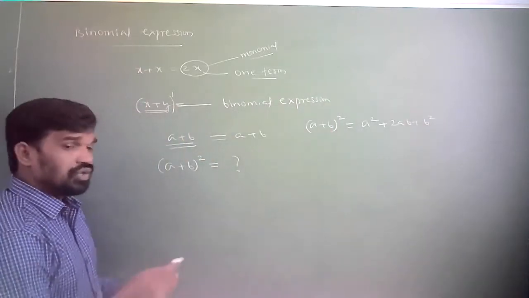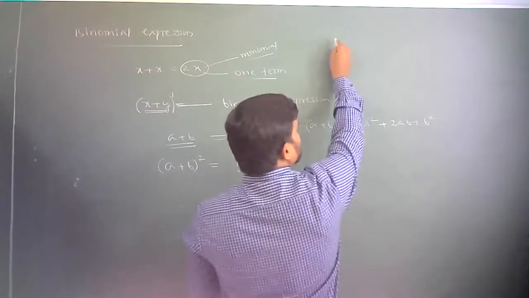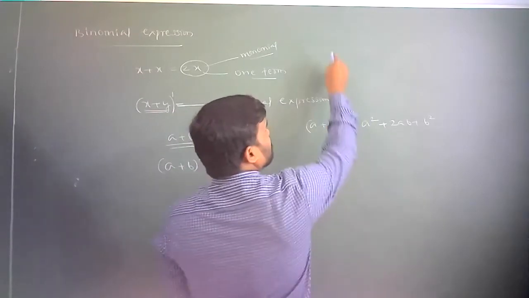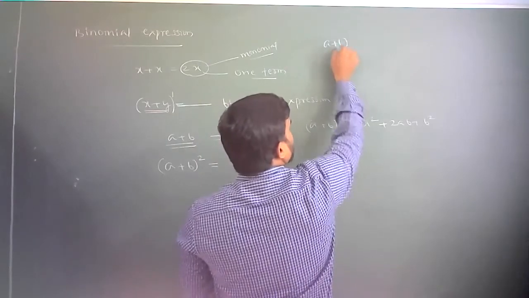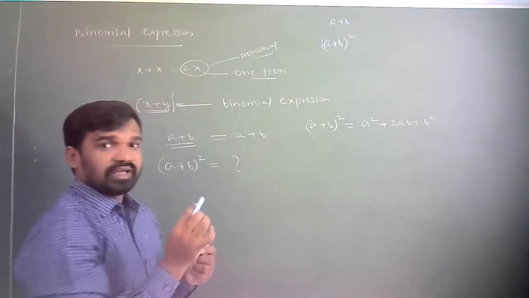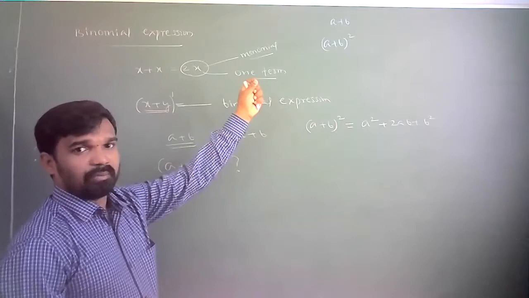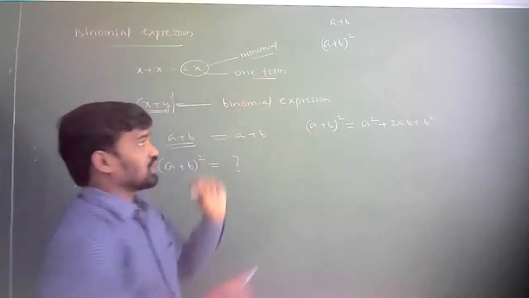Of course, you can use Pascal's triangle method. According to Pascal's triangle, the coefficients of the expansion of a plus b whole square: first, I am writing a plus b. Then, what are the coefficients of the particular terms having the highest exponents?